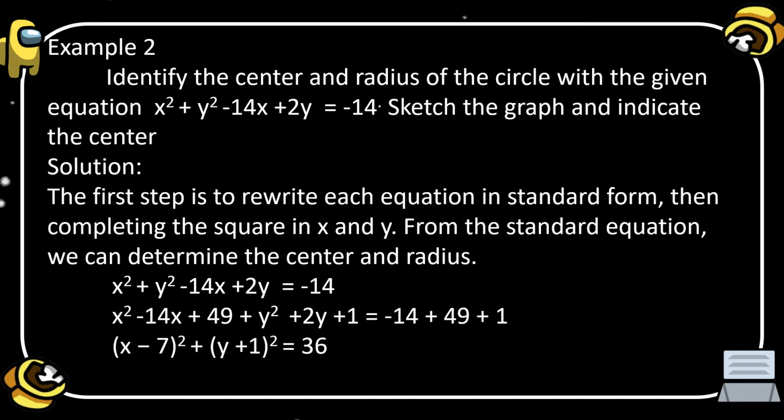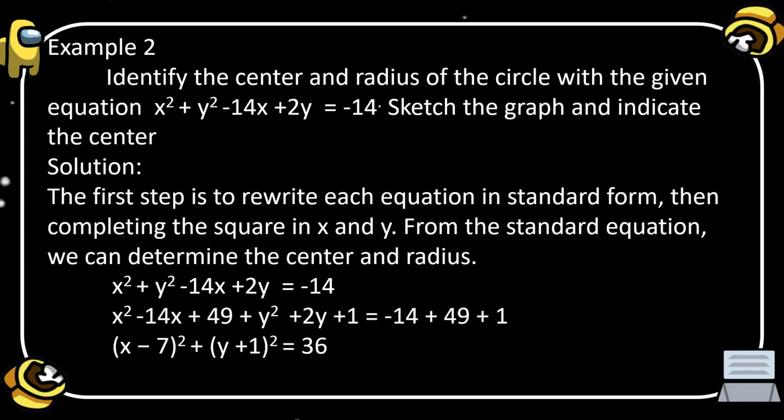Then after that, when you factor x squared minus 14x plus 49, the result is the quantity of x minus 7 squared, plus the factor of y squared plus 2y plus 1, which is the quantity of y plus 1 squared. When you add negative 14 plus 49 plus 1, the result is 36.